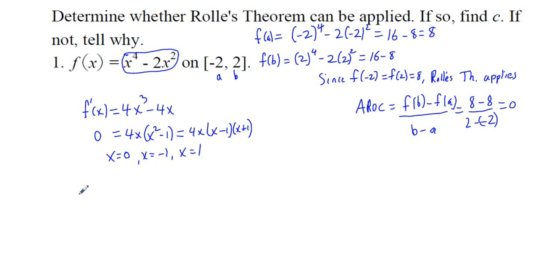So we'd say C is equal to negative 1, comma 0, comma 1. So 3 values of C for which there is a horizontal tangent line. And that's what that means. You have a horizontal tangent line where x equals negative 1, where x equals 0, and where x equals 1.